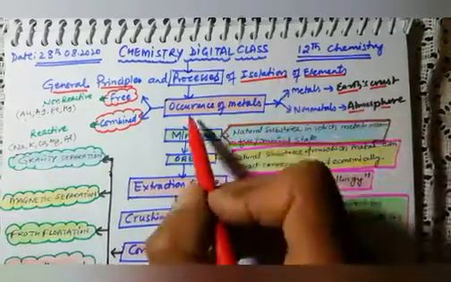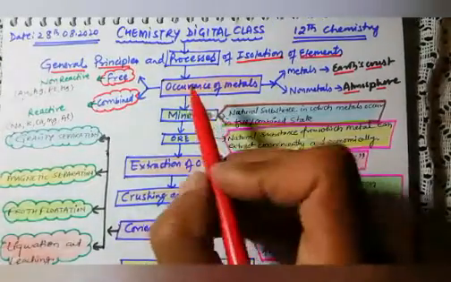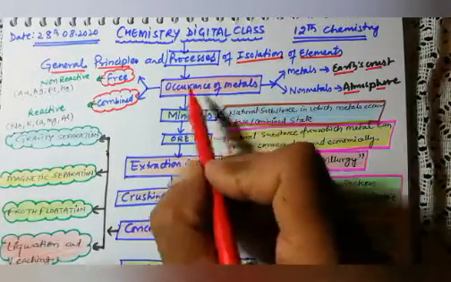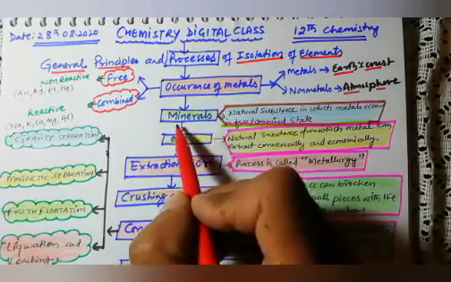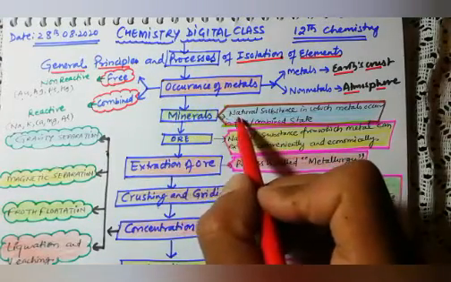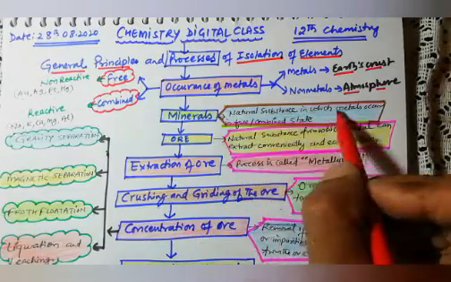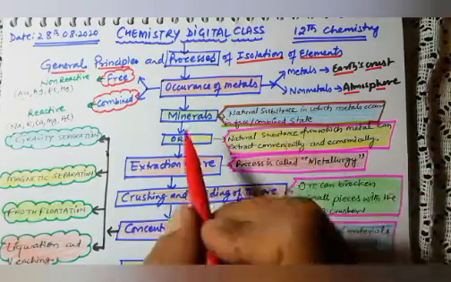Now, the metals which occur naturally in the form of stone or rock are called minerals. The mineral definition is: it is the natural substance in which metal occurs in the free or combined state.